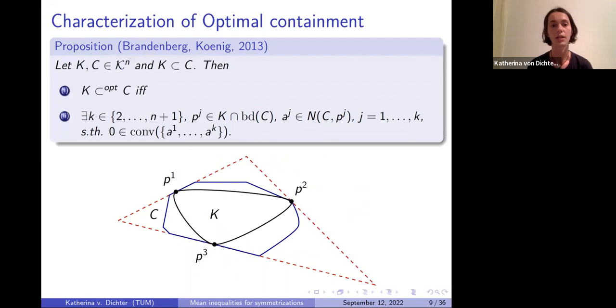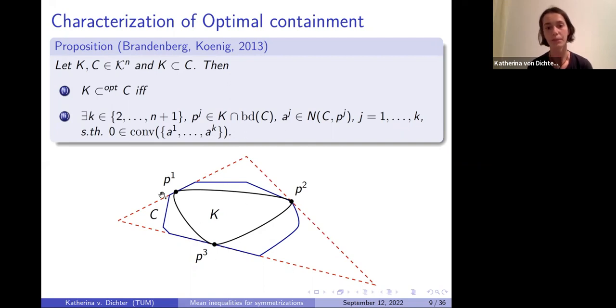So we say that K is optimally contained in C if and only if we have enough touching points P_j between K and the boundary of C, and they are well spread, meaning that 0 is contained in the convex hull of their outer normals.